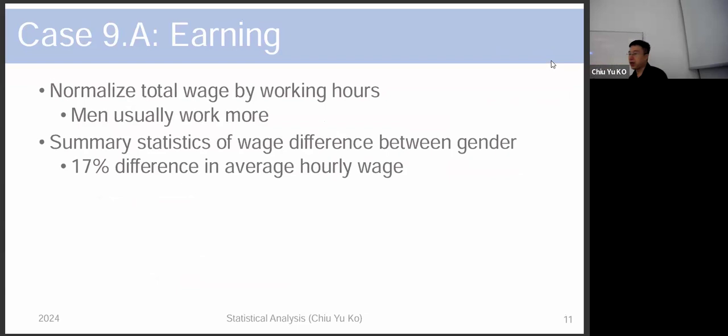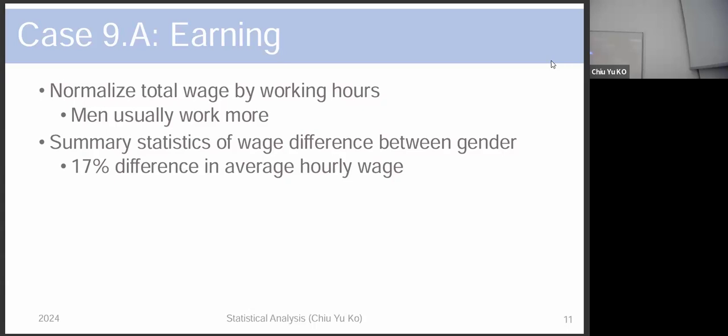Okay, and the first thing to do is to normalize by working hours. The reason being that men usually work longer, so the total wage is not good enough. So you have to divide the total earnings by the number of hours they work.